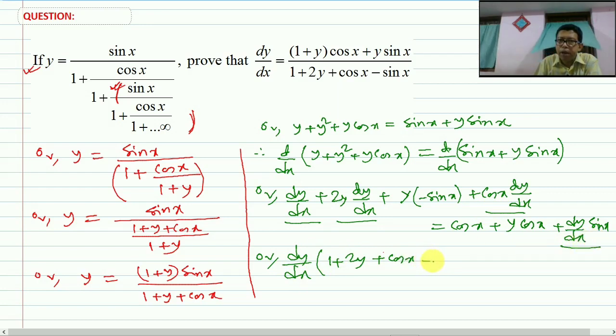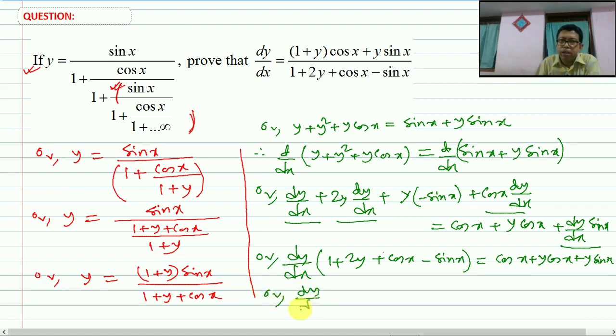So write minus sin x, and the other parts will be on the right: cos of x plus y cos of x, and this will be transferred to the right, so y sin of x plus y sin of x.